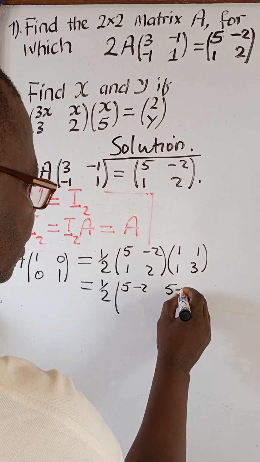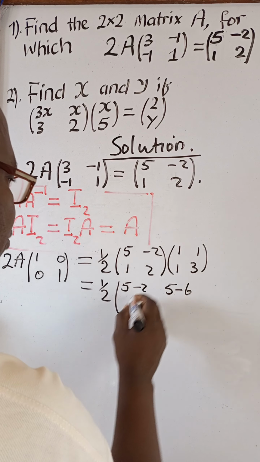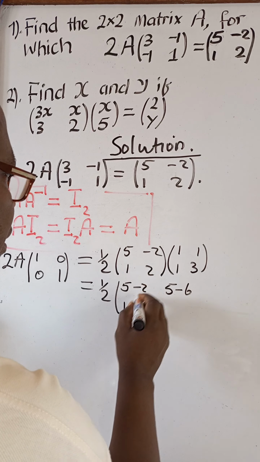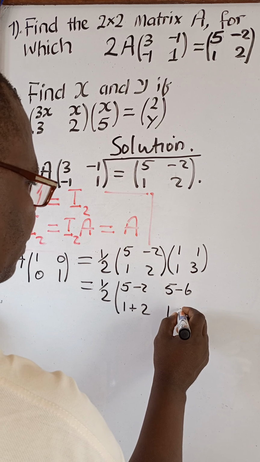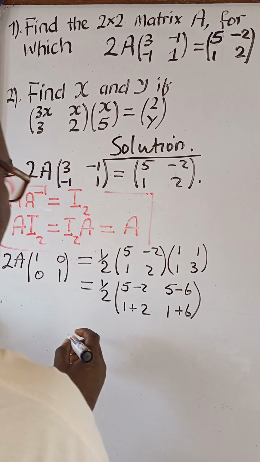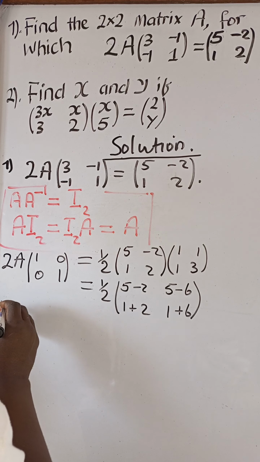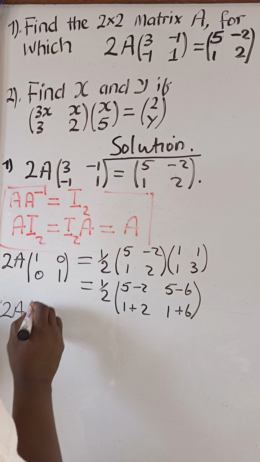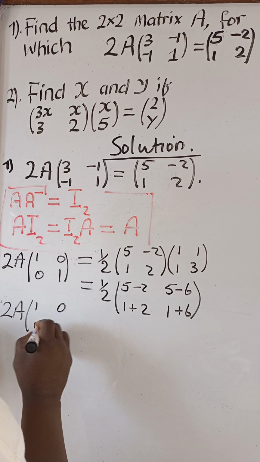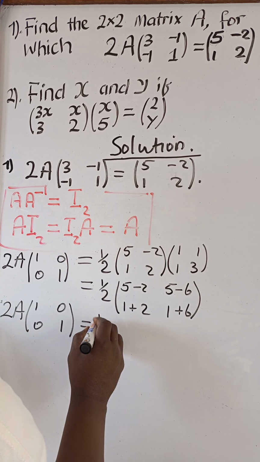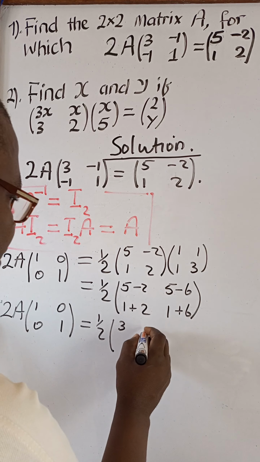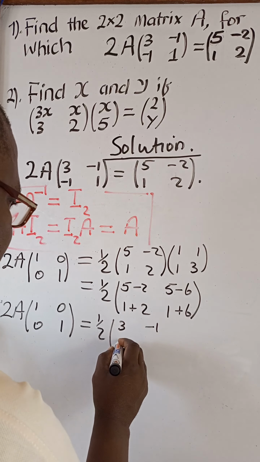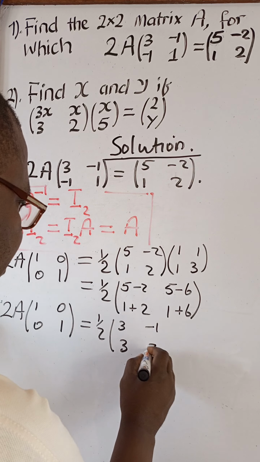Negative 2 multiplied to 3, negative 6. 1 multiplied to 1 is 1. 2 multiplied to 1 is 2. 1 multiplied to 1 is 1. 2 multiplied to 3 is 6. So we have 2A times [1, 0; 0, 1] equal to a half into [5 minus 2, 3; 5 minus 6, minus 1, 3, 7].